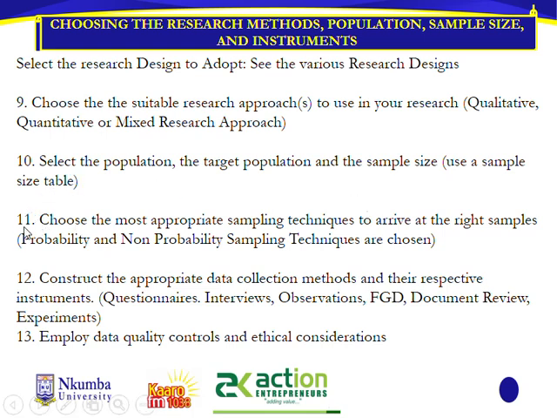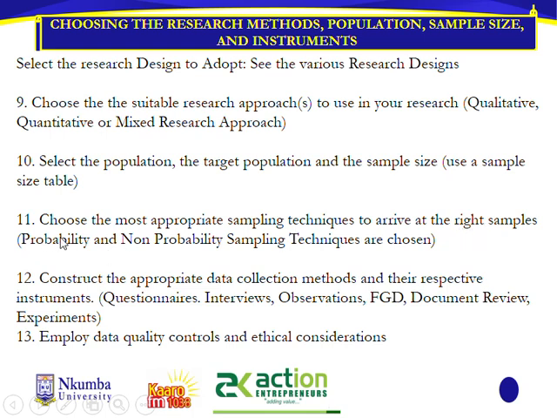Then here, the other step is you choose the most appropriate sampling techniques to arrive at the right samples. So if you said you're going to sample teachers, which technique, which style are you going to use to select the most appropriate teachers to participate in your study? So you choose the right samples.